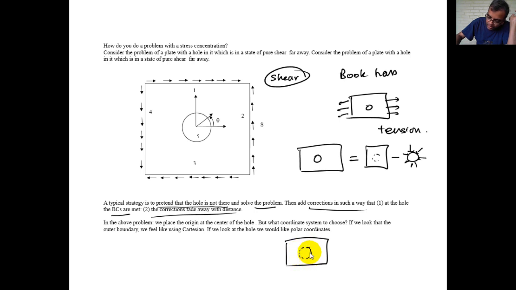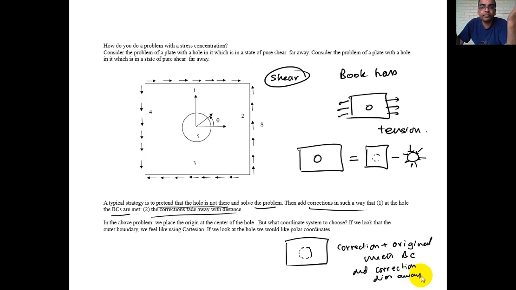Then to that I add a correction, plus original meets boundary conditions and correction dies away. That's how it works. No hole, add correction.